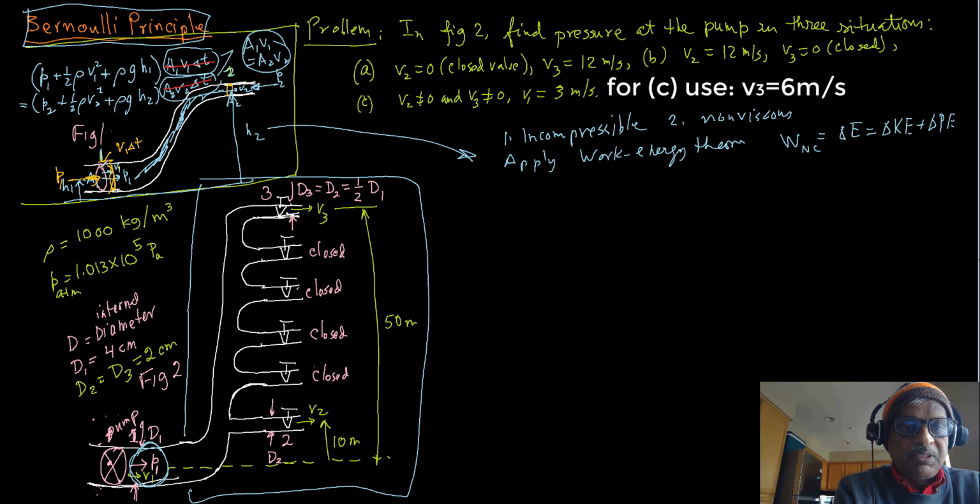So P1 times area 1, that's the force, and V1 delta T is the distance it got pushed. This is the amount of work done by this.